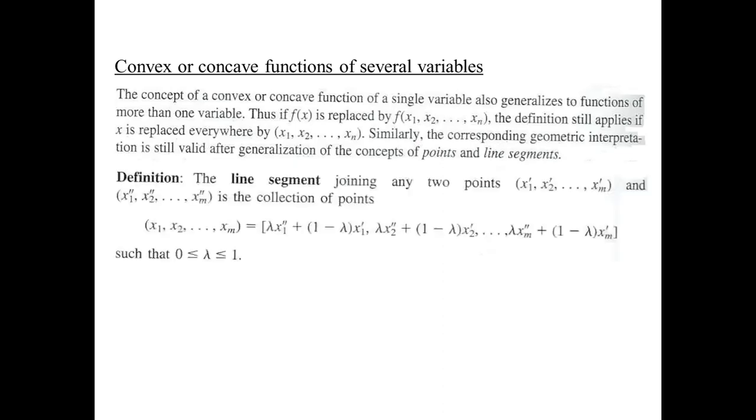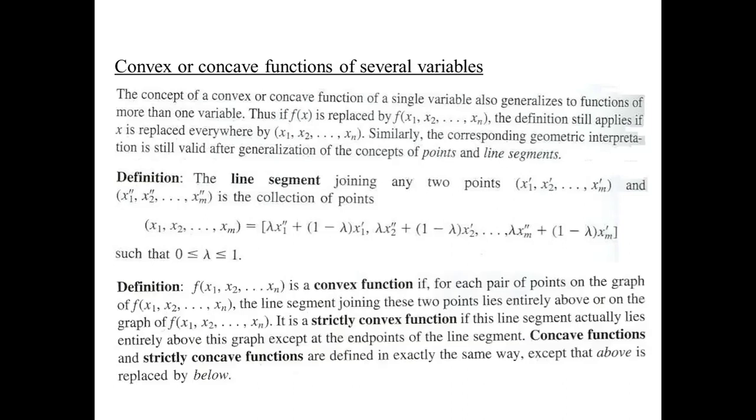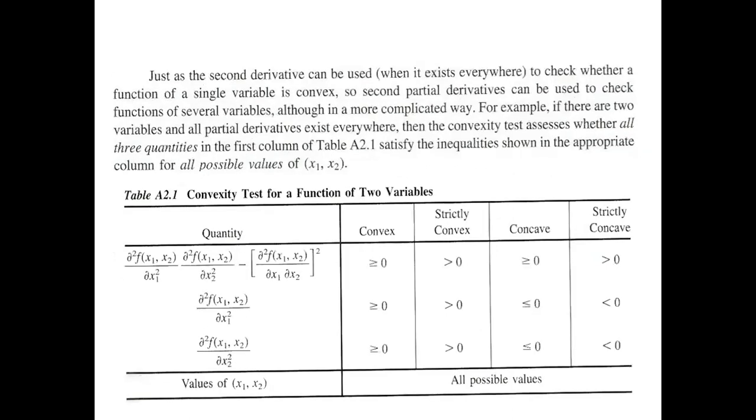The line segment joining any 2 points in Rn can also be taken. So the definition, in general: f of x is a convex function on a set in Rn if for each pair of points on the graph of f, the line segment joining these 2 points lies entirely above the graph of the function. Okay, so the functional value lies below that line segment.